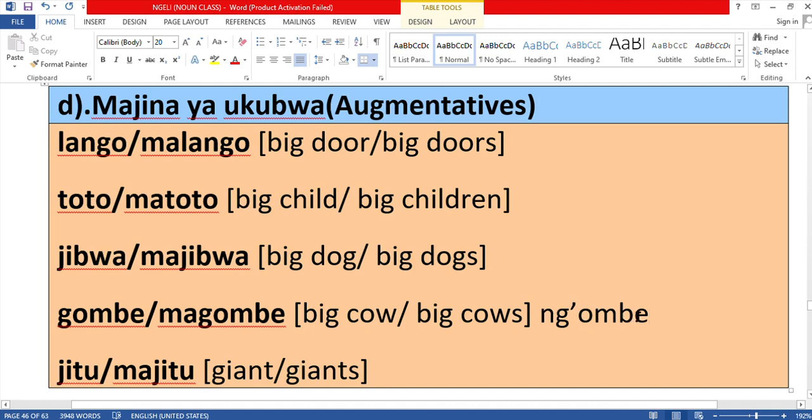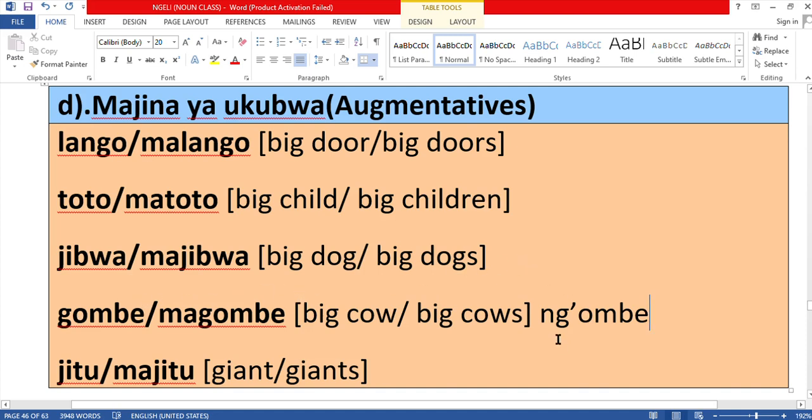The plural for ngombe is just ngombe. Even the plural for mbwa is just mbwa. But these words in augmentative form will take plural form. Now, gombe, magombe.